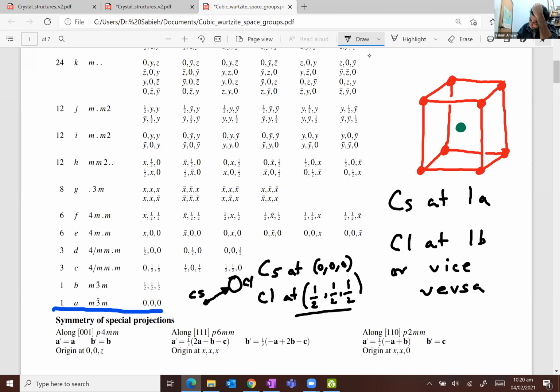And at each lattice point, you place this arrow. You place the cesium atom at the origin of the arrow, and you place a chlorine atom at the head of the arrow, and all the arrows are being drawn on the lattice points in the same orientation. But the chlorine atom is not at any lattice point.